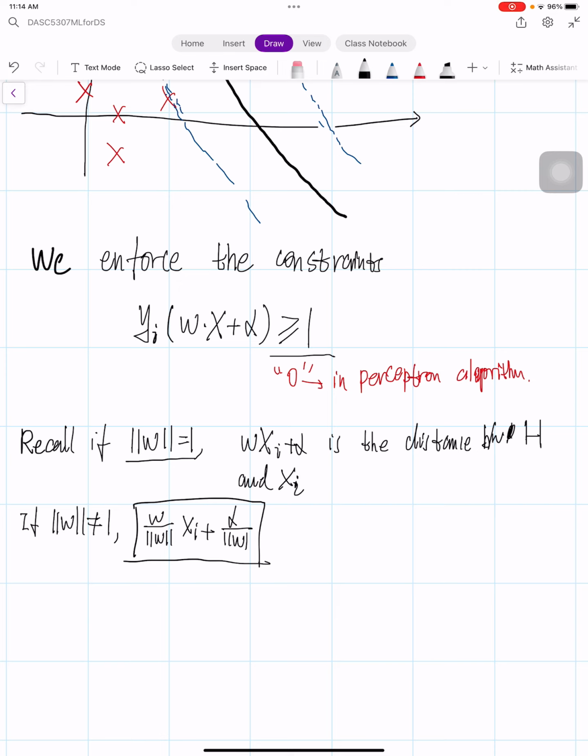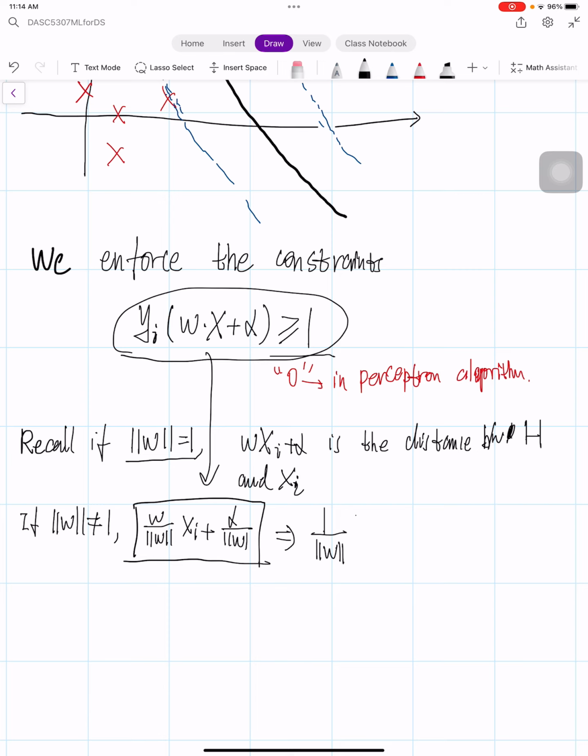Recall that we apply these constraints here. This implies, because this is greater than 1, right?